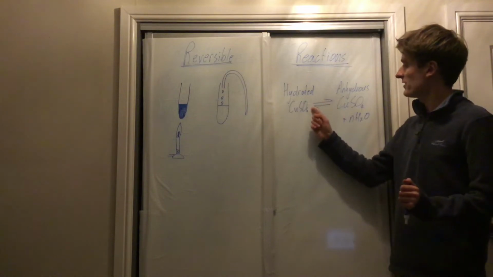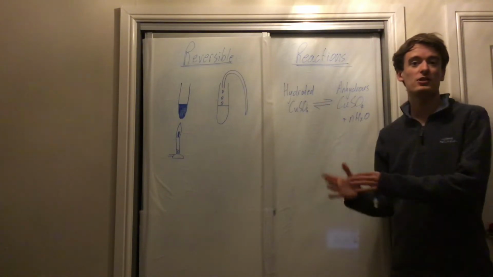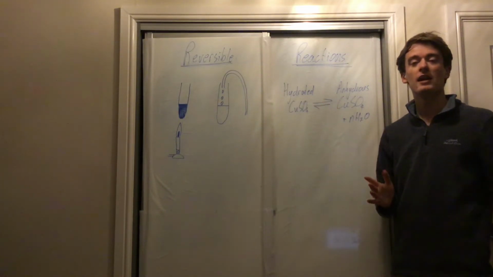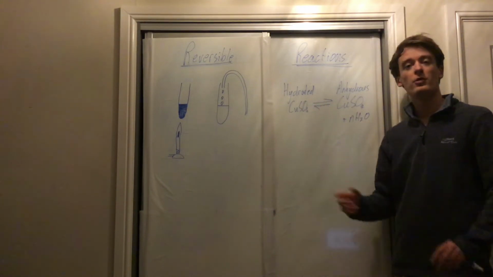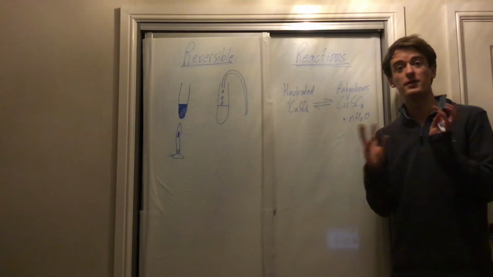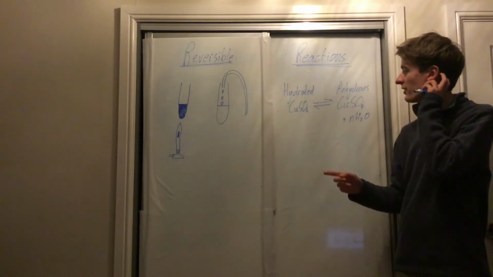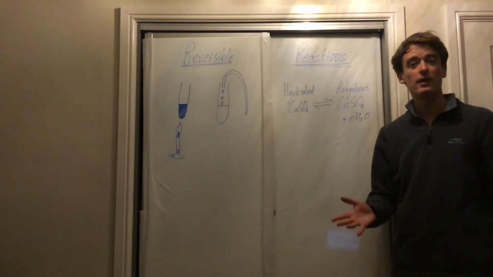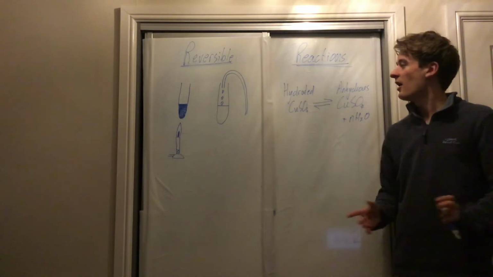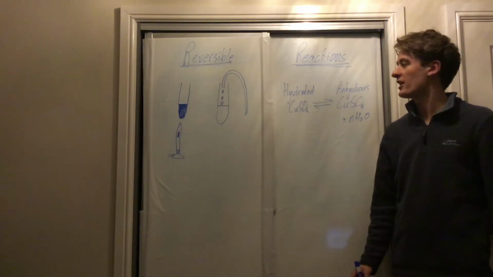And obviously there's a number of chemical reactions which have this symbol. And in a later video, I'll look at something called Le Chatelier's principle, which looks at the effects of influencing this reversible reaction.